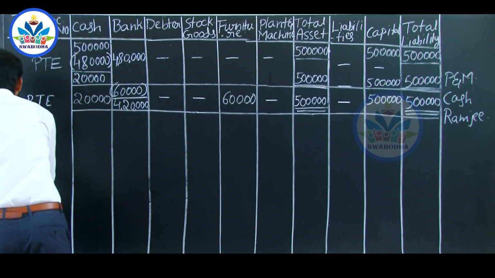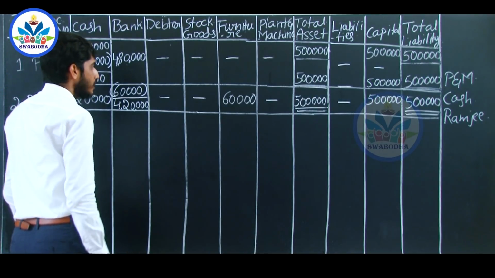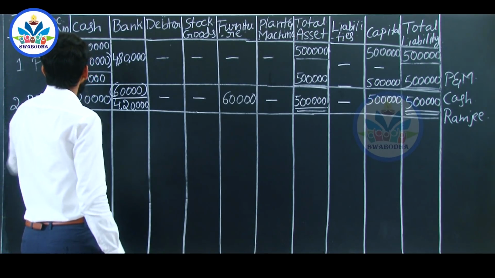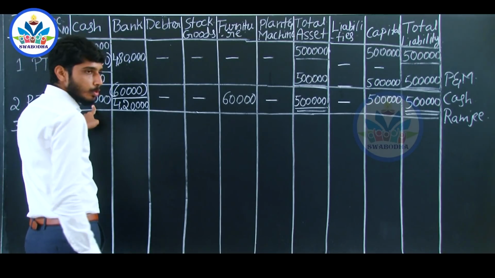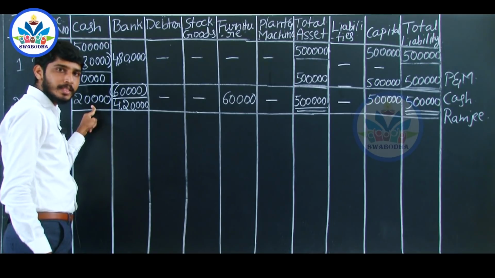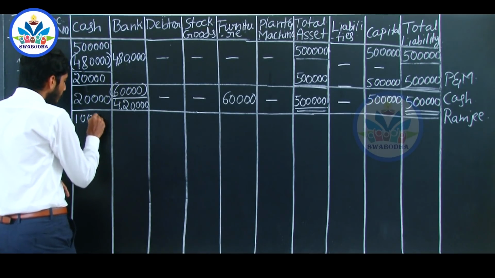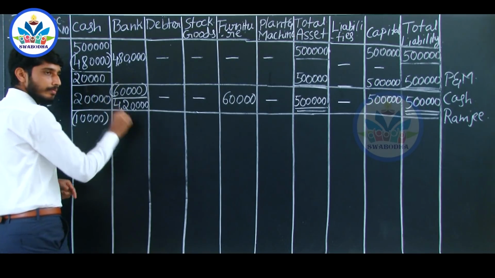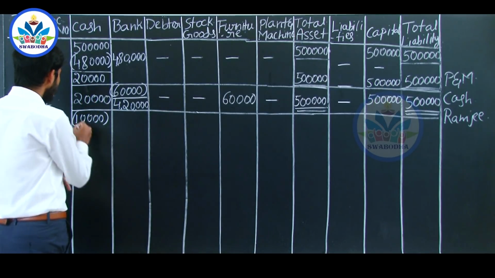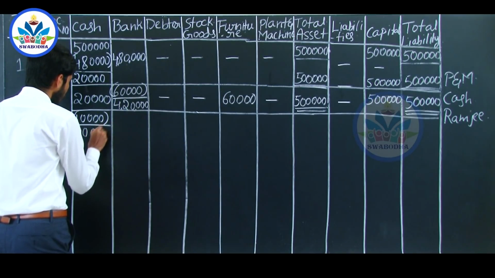So, third transaction, post transaction equation. After the transaction, the equation is: you had 20,000 rupees of cash balance, out of which you paid 10,000 to Ramji Lal immediately. So, 20,000 minus 10,000, remaining balance is 10,000.